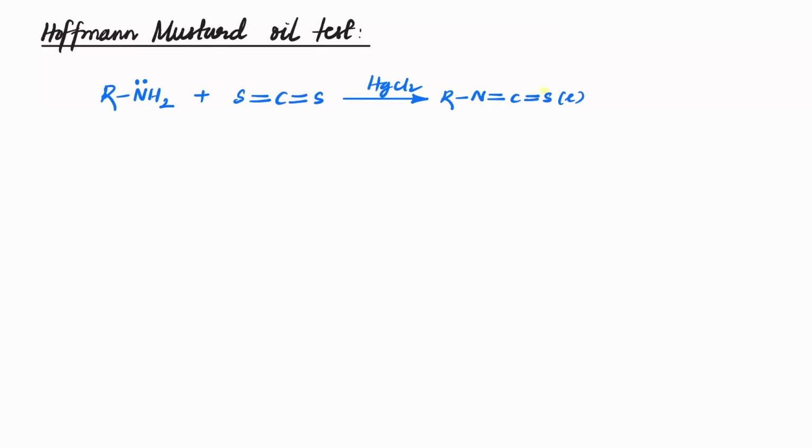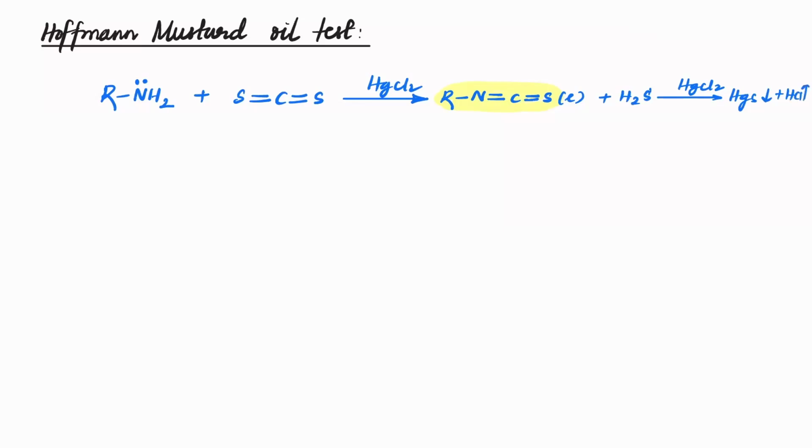Now the vapors of this liquid, as it starts vaporizing, smell like mustard oil. So this plus H2S is formed. And since you are keeping this in HgCl2, eventually this will become HgS precipitate, correct, and HCl vapors.